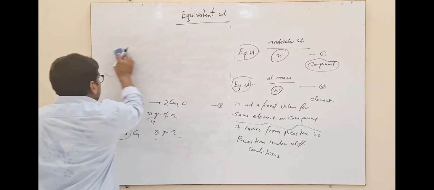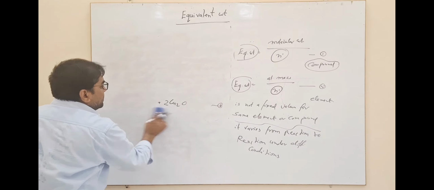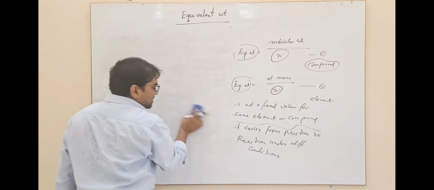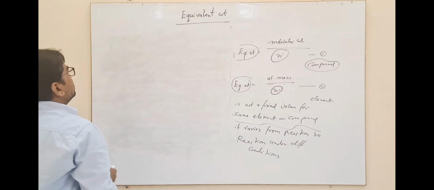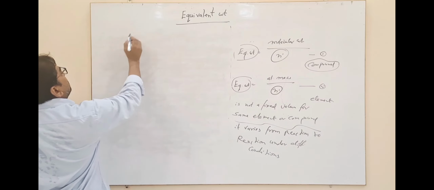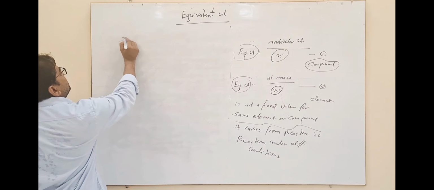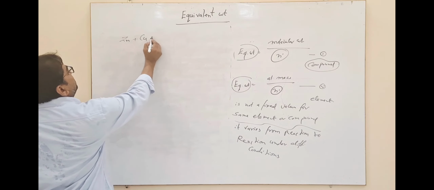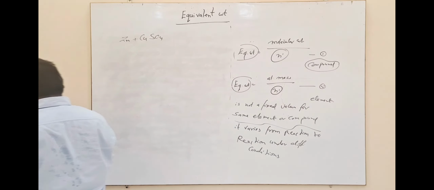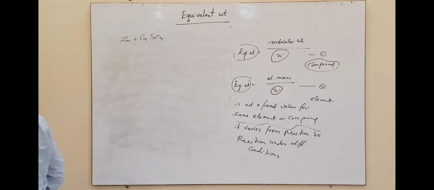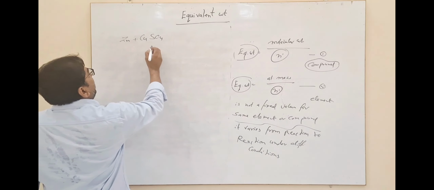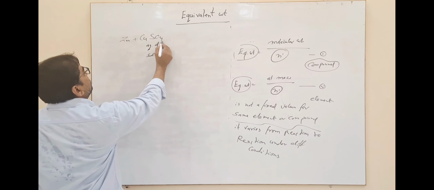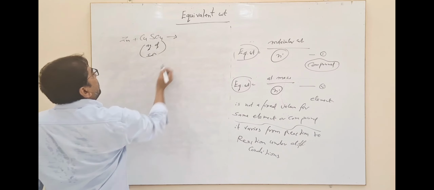Next, in displacement reactions, in previous classes, like in lower class 10th, you have studied a simple reaction: zinc reacts with copper sulfate CuSO4. Here an aqueous solution of copper sulfate is given.